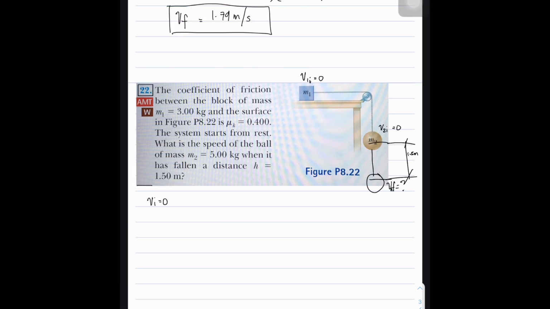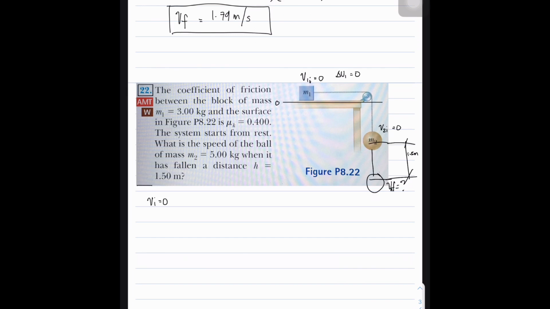Okay, note here that if we're looking at M1, let us say this is our origin. Therefore, delta U1 is equal to 0. Okay, so we don't have any change in height.